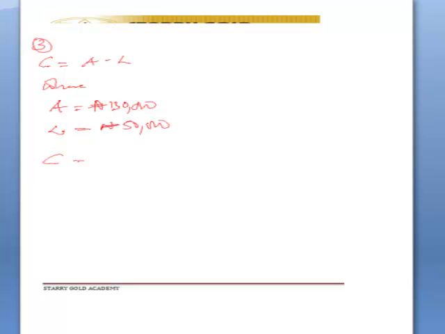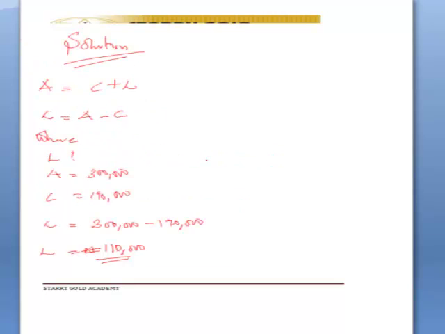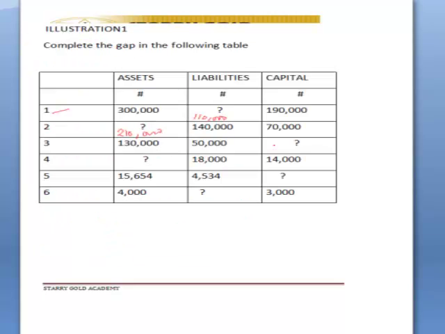So C will now be equal to 130 minus 50, and C therefore will be 80,000. So question 3, C is 80,000.